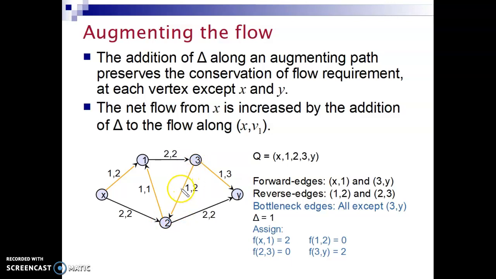So again, we assign 0 here by decreasing this flow value. This is a reverse flow. And then finally, the last edge, 3 to y, we augment the flow by 1, the delta value. So the resulting flow on this edge will be equal to 2.